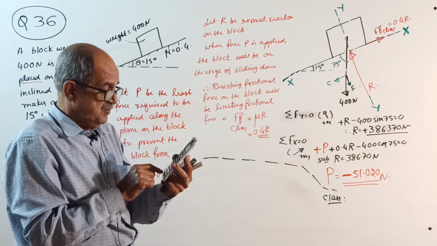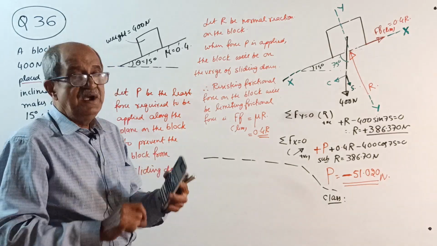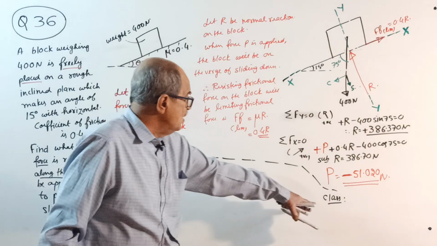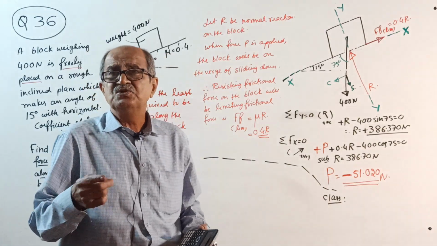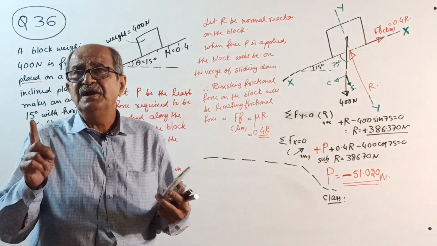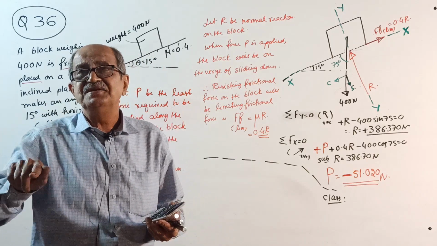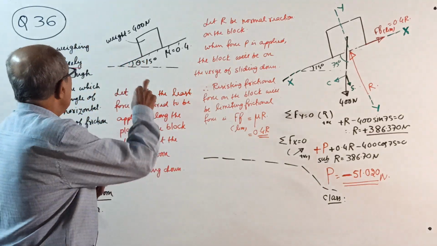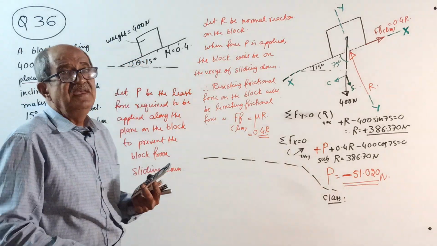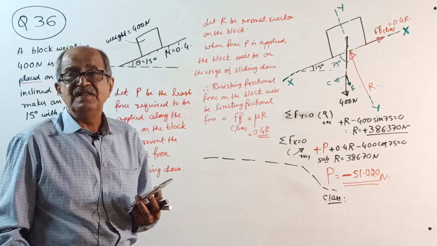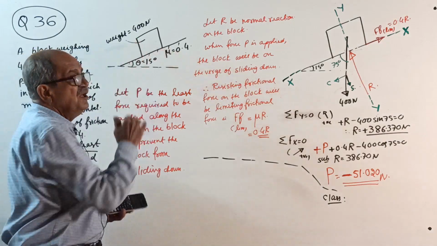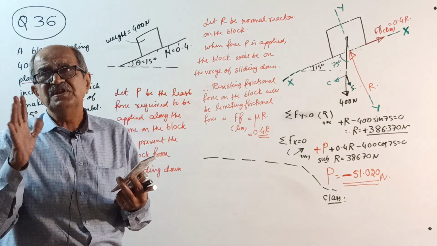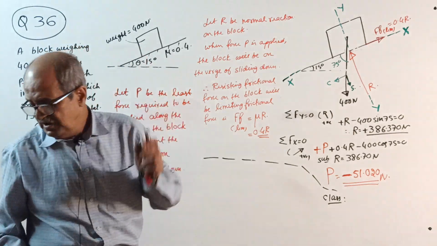Shift tan inverse 0.4 is 21.801 degrees. Make a note. That is, if I am solving it as an objective question, your angle theta, 15 degrees, is less than the angle of friction. Therefore, this block will not slide. The answer is no force required. That is the conclusion.